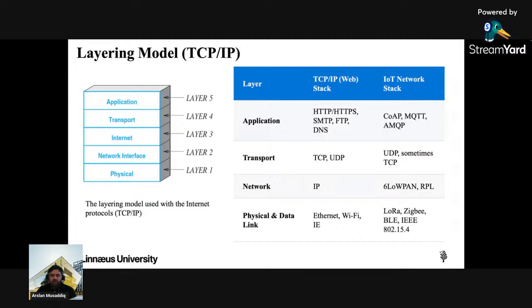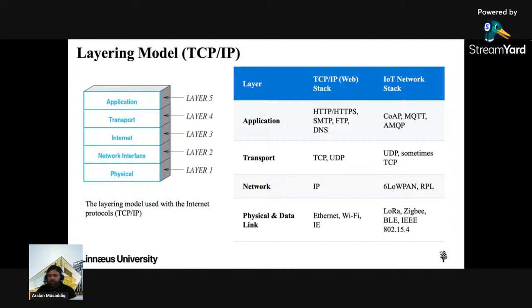But just to give you an idea that IoT communication also happens in a layered way like TCP/IP communication. The difference is that there are different protocols because we need to handle the constrained resources of the devices.